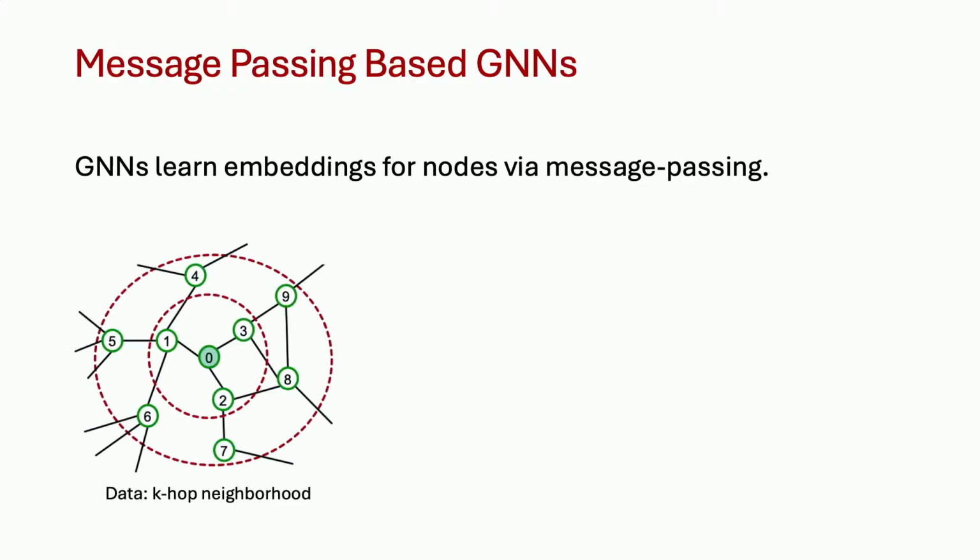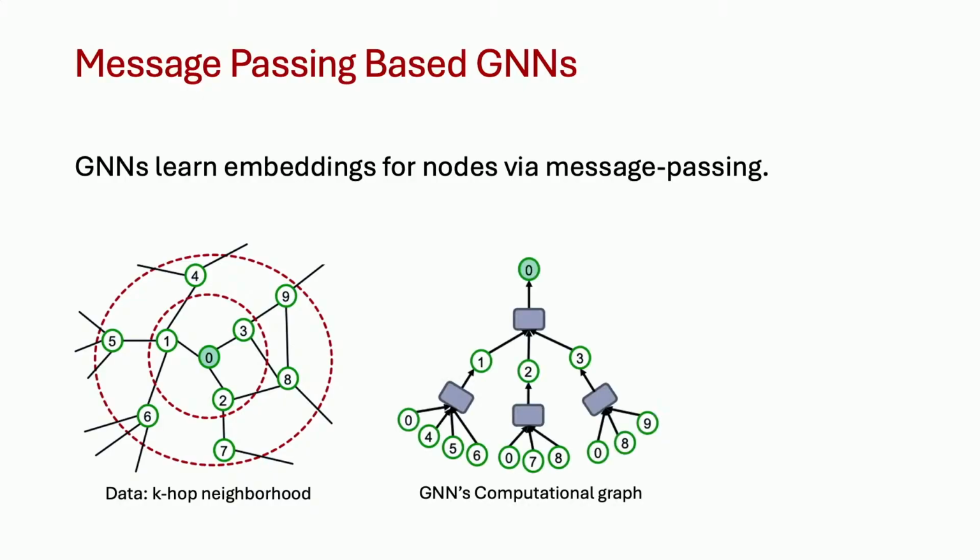So what do I mean by it? I have, for example, a graph here, node 0 and its 2-hop neighborhood. The way it works is that node 0 gets messages from its neighbors, like 1, 2, 3 here, and aggregates them with its own information to get the message for the next layer. This is also happening for the other nodes. Node 1 is getting information from its neighbors, which are 0, 4, 5, 6.